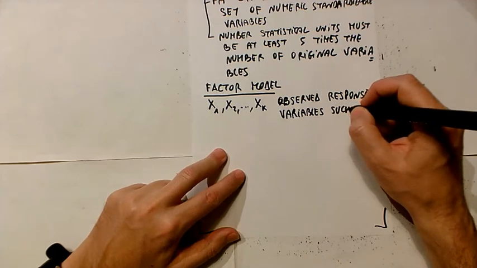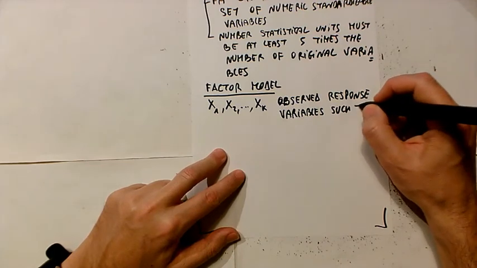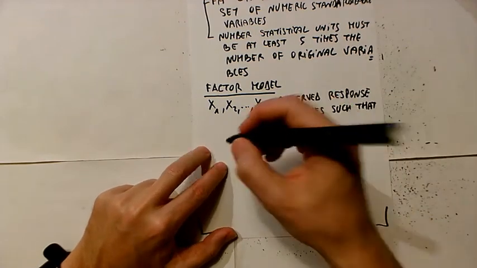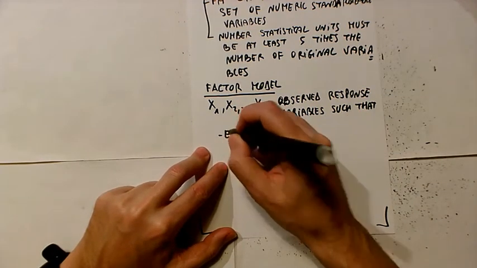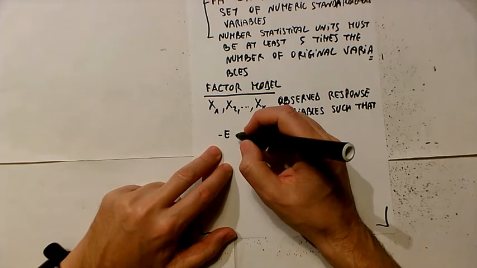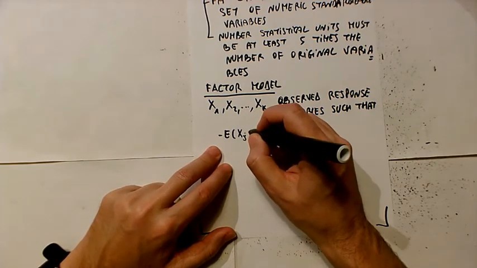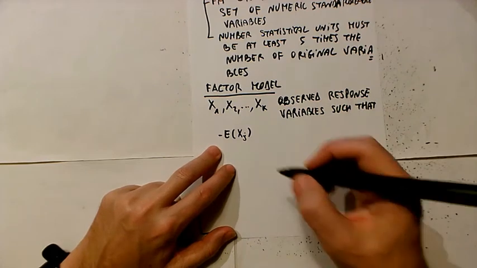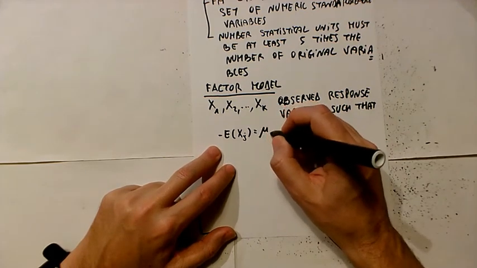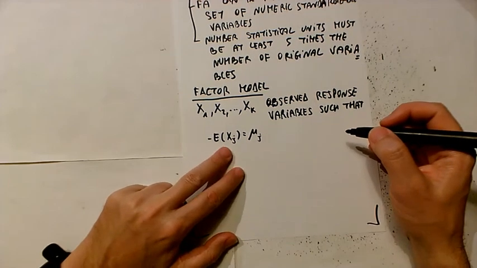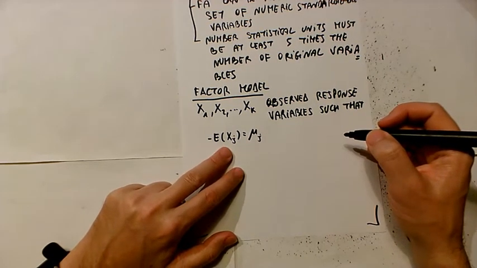So response variables such that the expectation of xj, of the jth variable, is equal to mu j. So let's denote the mean value, the expectation of the jth variable, with mu j.